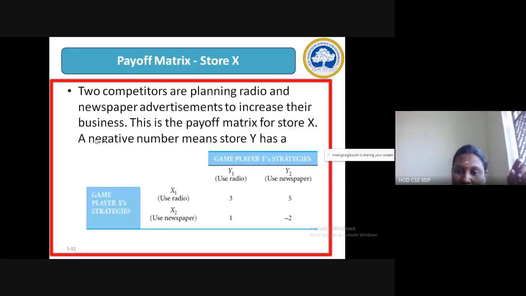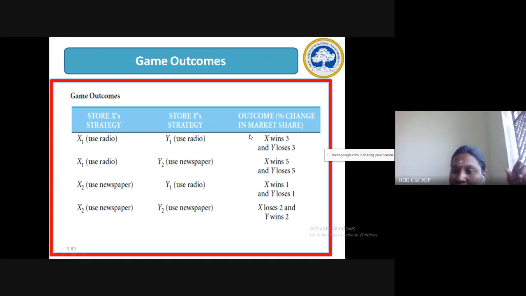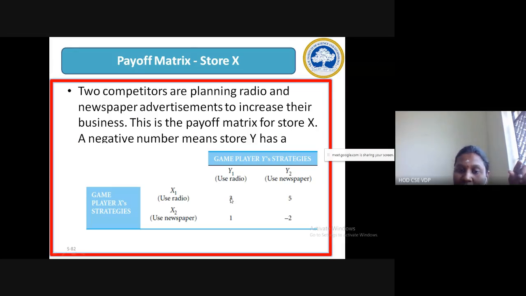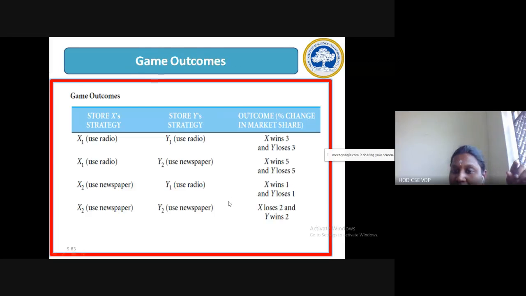Here you read: X1 uses radio, Y uses radio, the payoff is 3. This is the way in which you read the strategy. If X uses radio and Y uses radio, X has a plus 3, which means for X it's a plus 3 and for Y it's a loss. So Y loses.